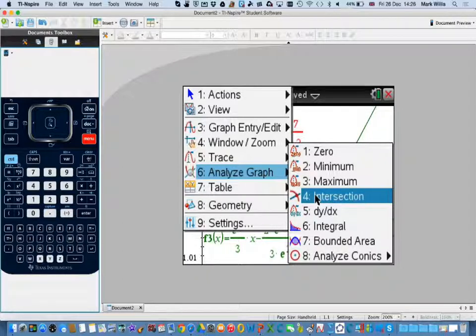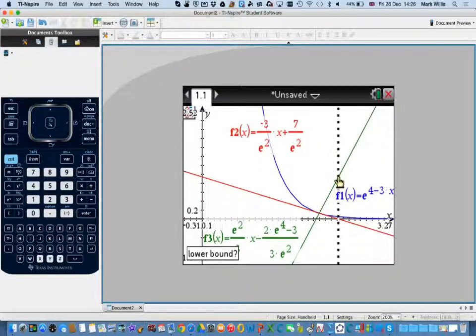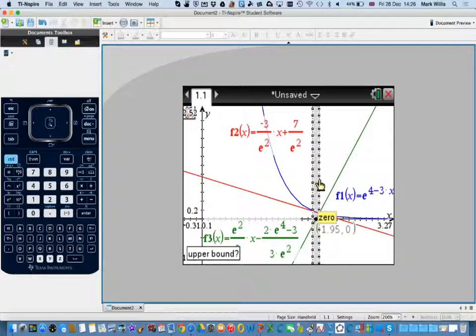No, we want the zero where it cuts the axis. We need to select the graph that we want. So we want that one. Go to the left, go to the right, and that gives me 1.95, which is the same as 2e to the 4 minus 3 over e to the 4th. You can check that if you want to.